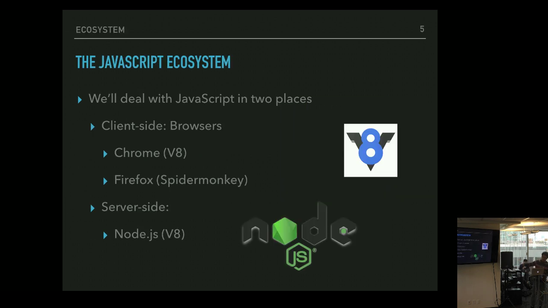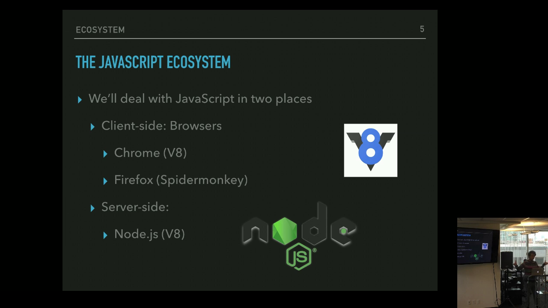On the client side, Chrome, Firefox, and Safari have to have an engine built into them. Chrome uses the V8 engine. Firefox uses something called SpiderMonkey. They're different programs that read some JavaScript and do stuff with it, but they're built by different people. V8 is built by Google. SpiderMonkey, I think, is built by Mozilla.